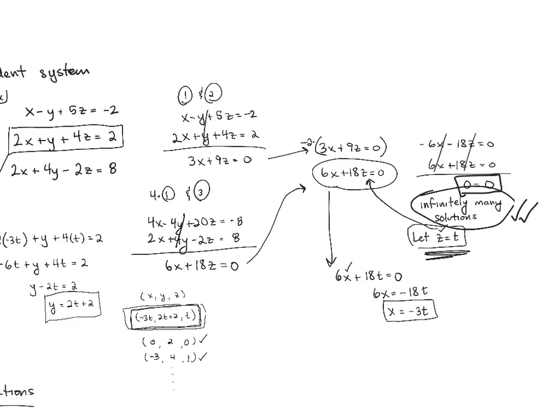So then the very next step would be to let z equal t, and using that value we solved for the other variable that remains in this step. In this case it was x. So now x equals negative 3t, and then you take both of those values and substitute them in to one of the original equations here to solve for y, giving us this solution statement here.